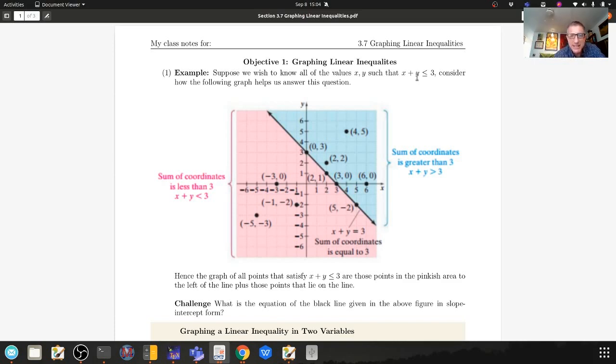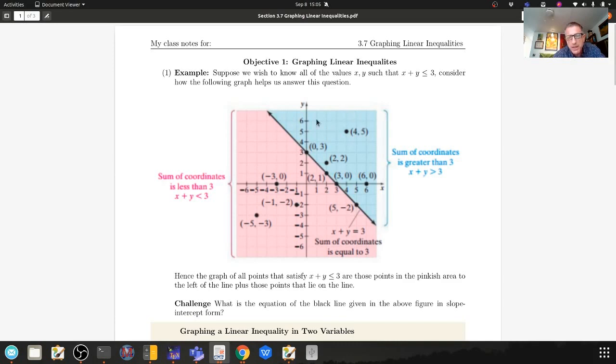And then we have to indicate which side of the line satisfies the original inequality. So notice here's a point (4, 5). That corresponds to 4 equals x and 5 equals y. But 4 plus 5 is 9, and 9 is not less than or equal to 3.